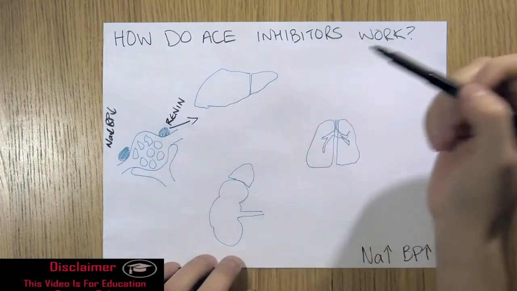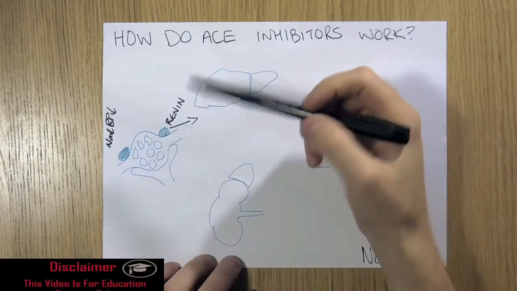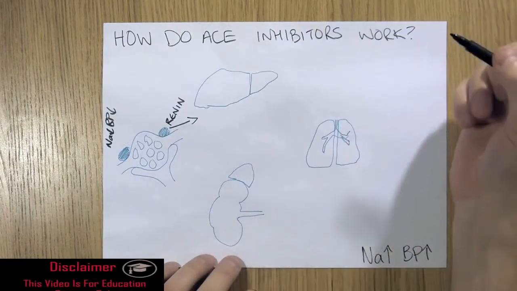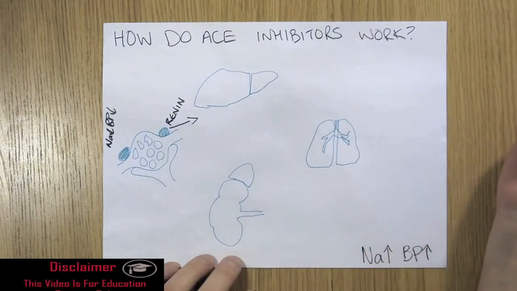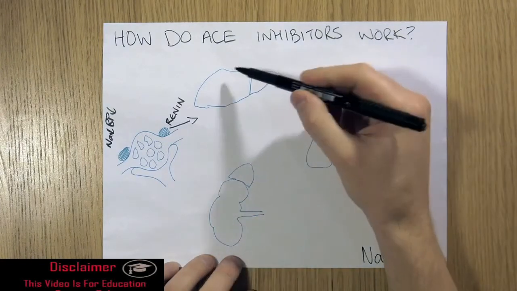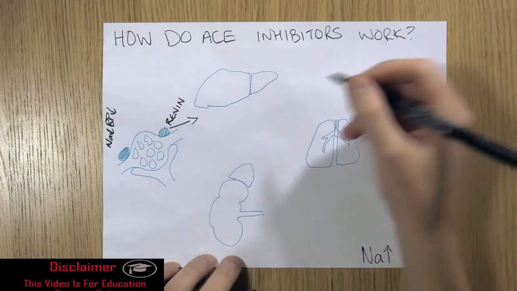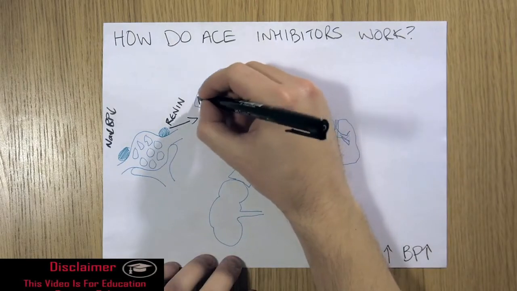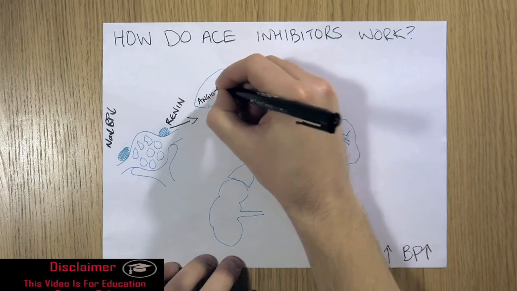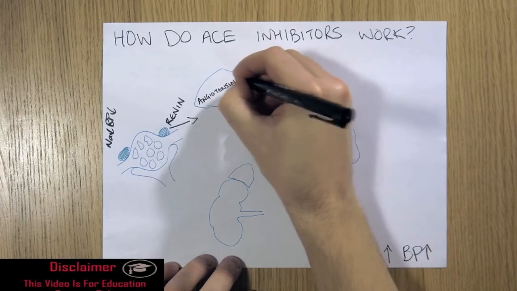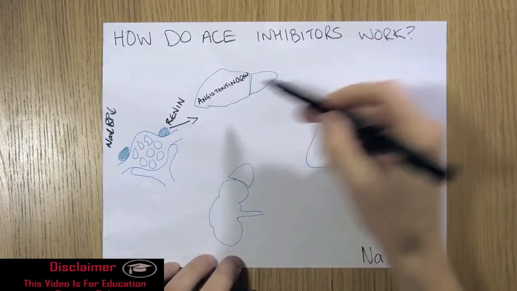And renin is an enzyme produced in response to those from the juxtaglomerular cells. Now this is my representation of a liver, and inside the liver sits something called angiotensinogen.